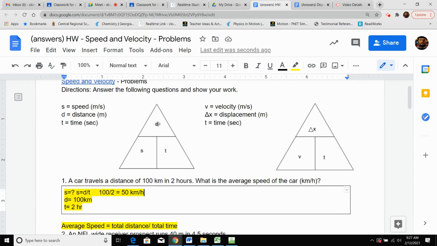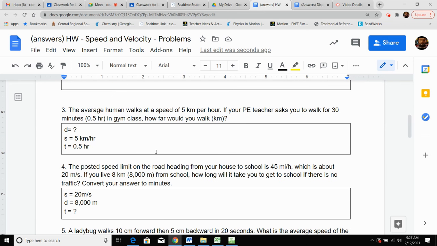So let's look at 3 for a second. They're asking us to solve for the distance. So the distance is equal to what? If I had to solve for distance in the triangle, if I cover that up, what am I doing? Good, S times T or speed times time. We're given speed, we're given time.